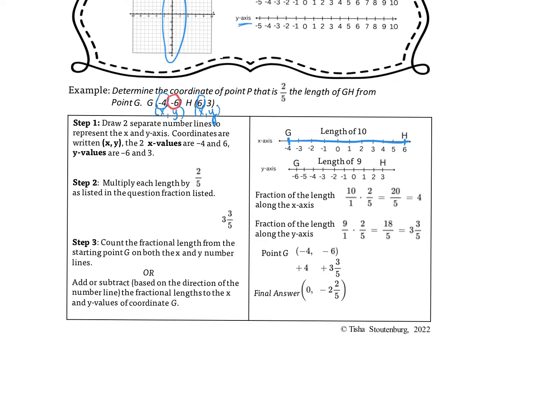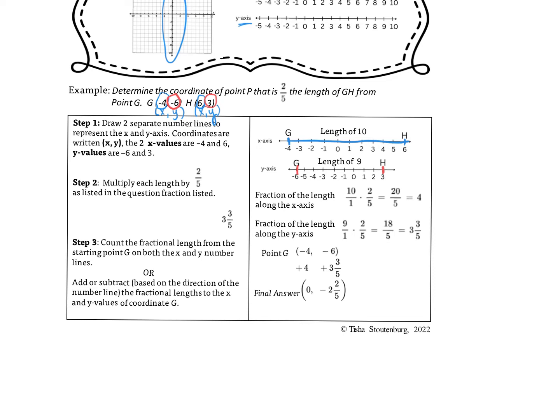G is at -6, which is here, and H's y value is at +3. So that's how I knew where my number line should start and end. It was strictly from my coordinates given in my question.